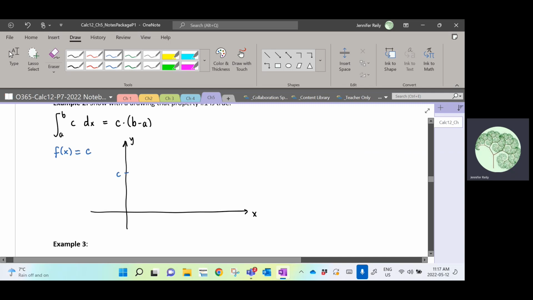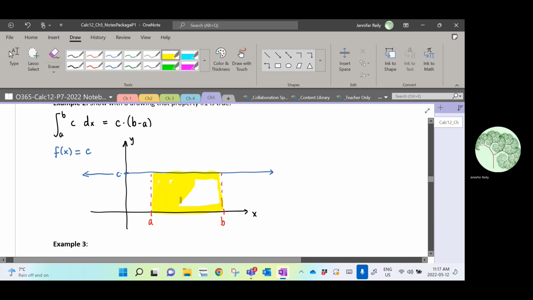So a constant function y equals C would just look like a straight horizontal line at y equals C. And let's say we are looking at the area from x equals A to x equals B. So I'll highlight that on the graph here. We can see that this just creates a rectangle. The area that we'd be calculating is just simply this rectangle.